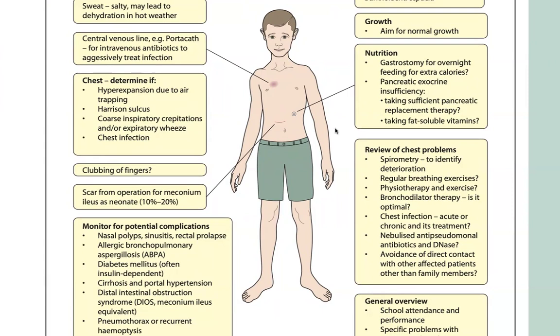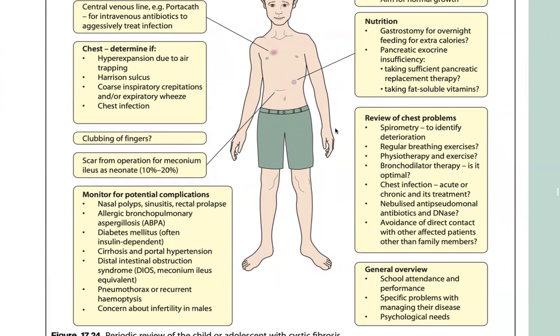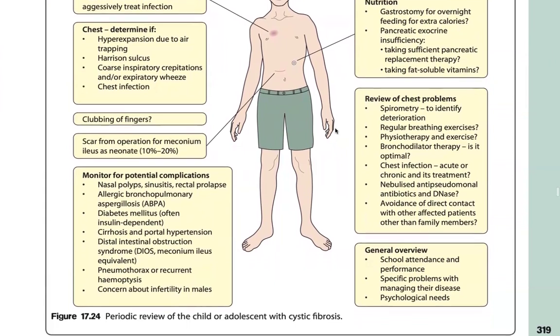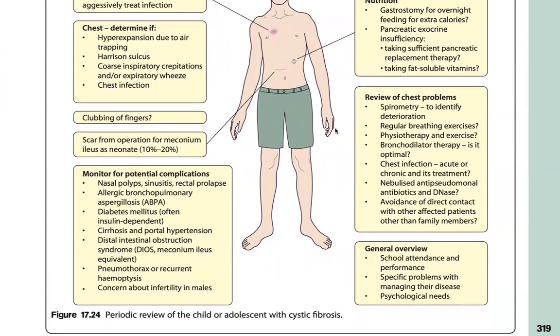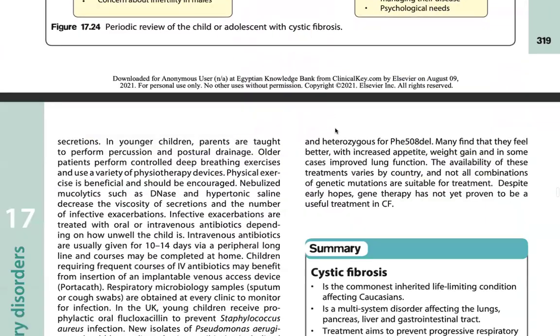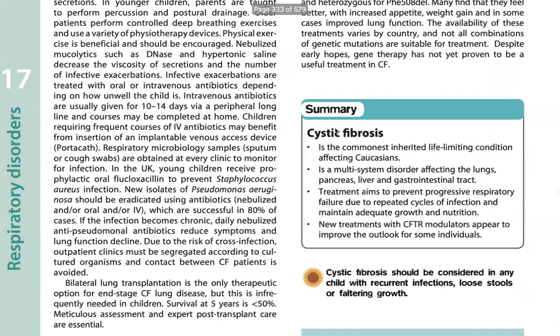Bronchodilator therapy is optimal. For chest infection, acute or chronic, virus treatment, nebulized antipseudomonal antibiotics, and DNase. Avoid direct contact with other affected patients other than family members. General review, specific problems with managing their disease, and psychological needs.